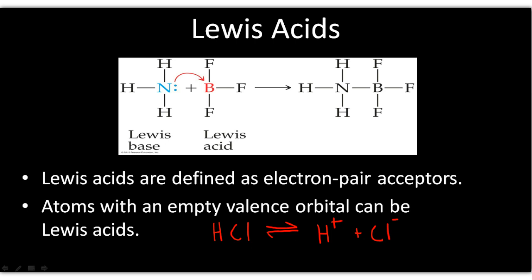So if I want to just look at this in regards to the electron pair that's between these two, chloride is going to act as the Lewis base in this example, in that it is going to be accepting the electron pair, and the hydrogen ion is going to be acting as the acid, which is going to be donating the electron pair. So notice the example we can point to over here. Well, there we have the chloride with the electron pair. It has accepted that electron pair, and hydrogen has donated the pair and has gone off on its merry way.